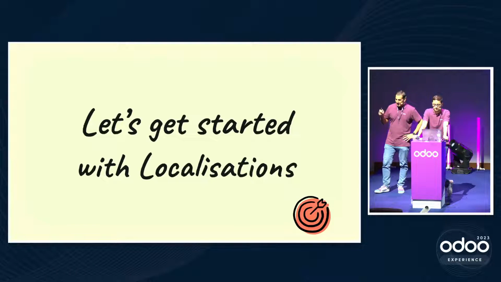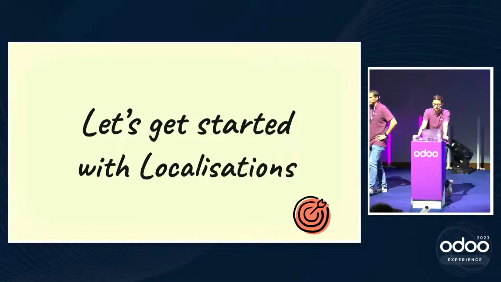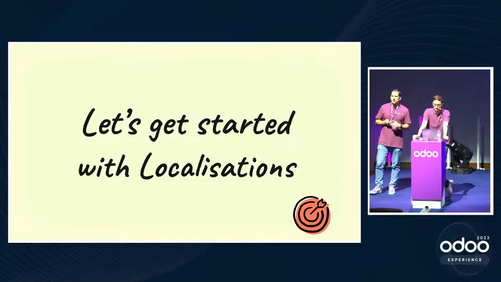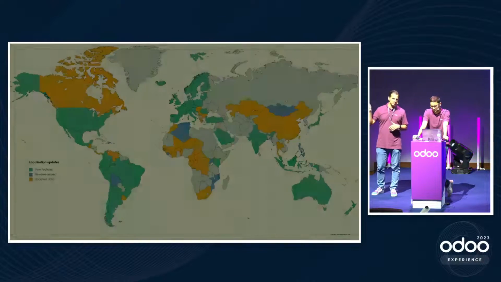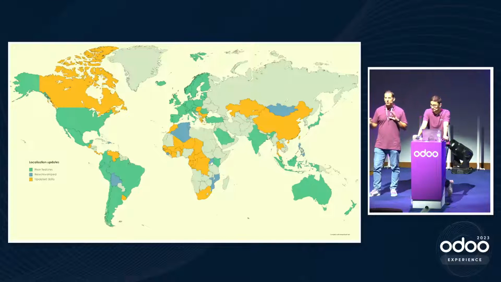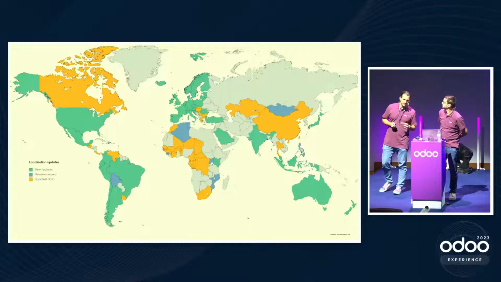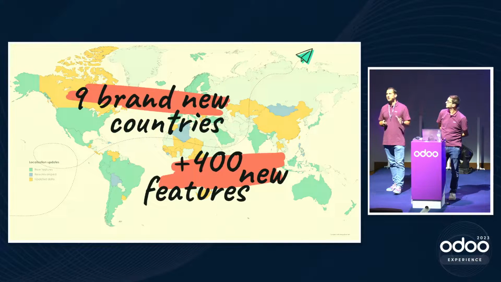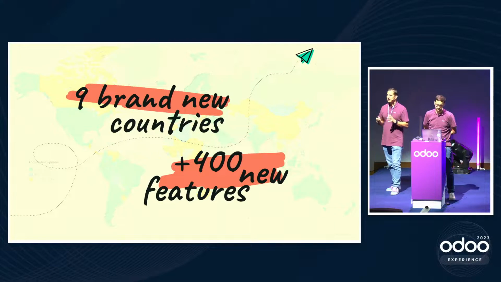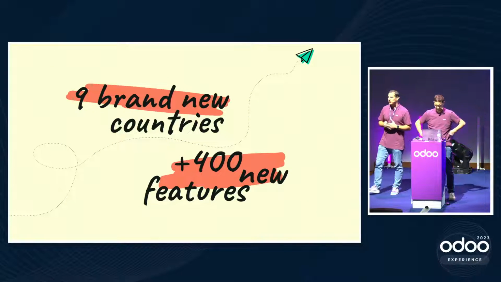First of all, let's get started with localizations, because it's great to have an amazing accounting tool, but if you cannot use it, that's a pity. So localizations were a high priority this year, and if we take a look geographically, we worked on a lot of different countries. In terms of figures, that means that we added 9 brand new countries, and a lot of the 1,000 tasks are localization linked.